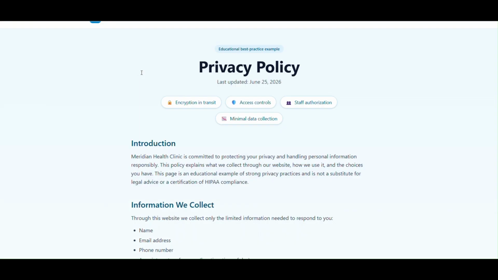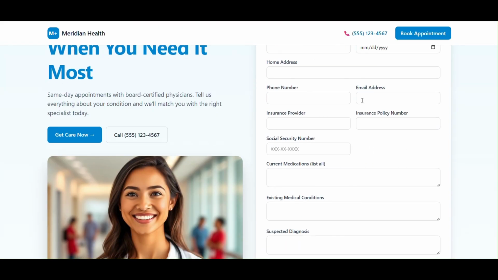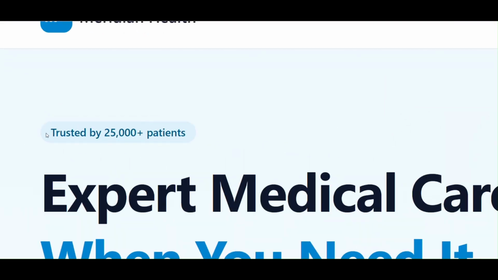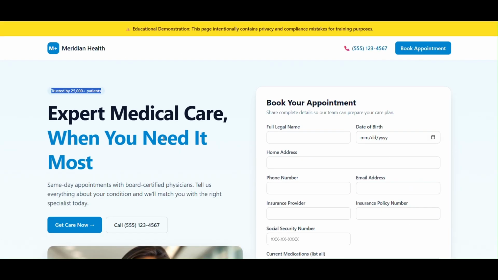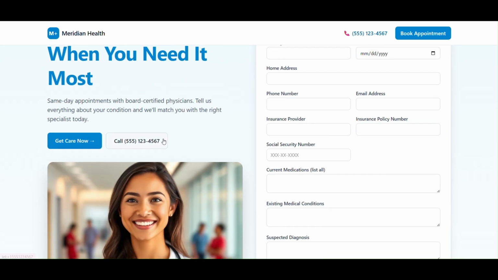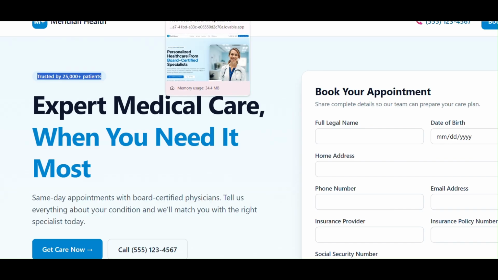As you can see here, we go to our home page, and besides this ginormous form, this is actually something that you should put. This is a best practice. It builds patient trust, and it actually helps in making your website HIPAA compliant, such as a trust signal, like trusted by 25,000 patients, or having a certificate or anything else.